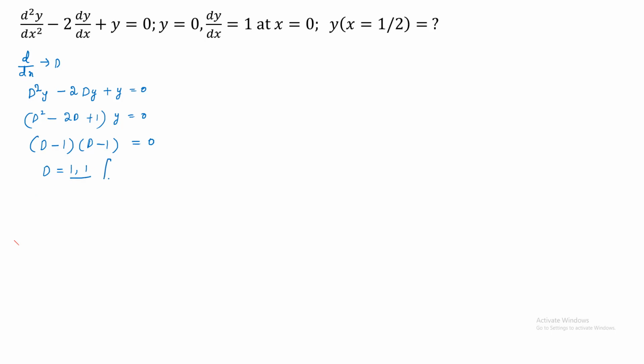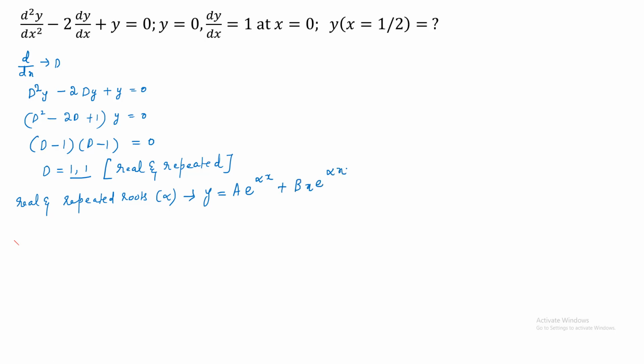So we have two roots. These roots are real and repeated roots, right? If we have real and repeated roots, let's say alpha is our root, then our solution will have the form a e power alpha x plus b x e power alpha x, where a and b are constants.